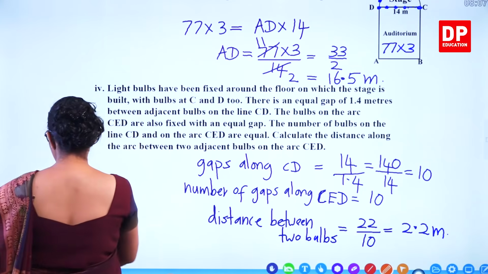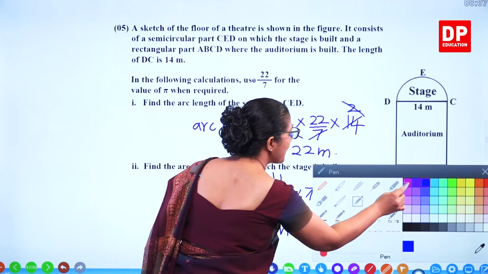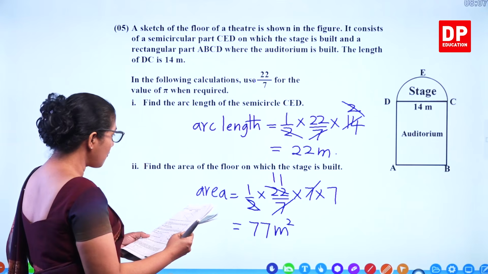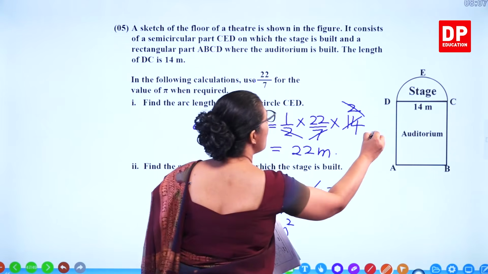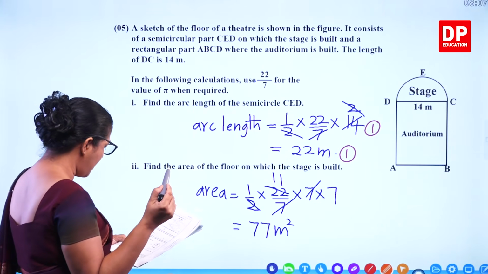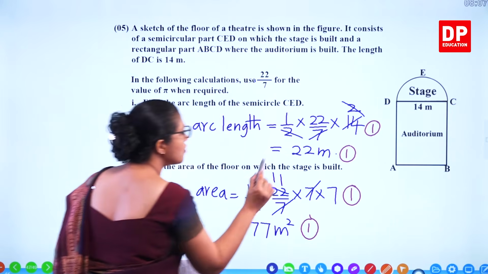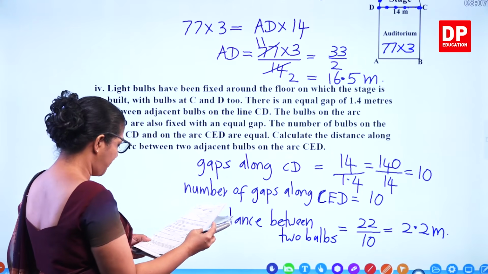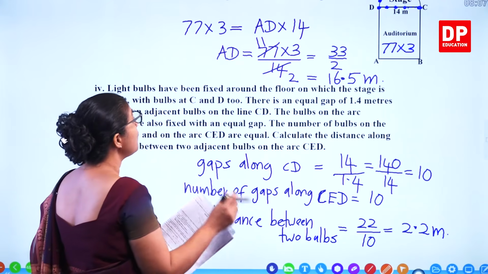Now we'll see how you get marks for this question. So you get 22 for the first part, that's 2 marks. 1 and 1. And the second part, 77 square meters, also 2 marks. 1 and 1. So 4 marks there. And the third part, you get 16.5 meters. Just that one, 3 marks.